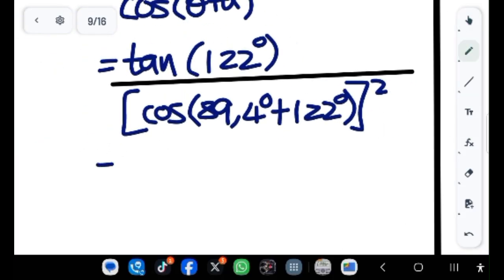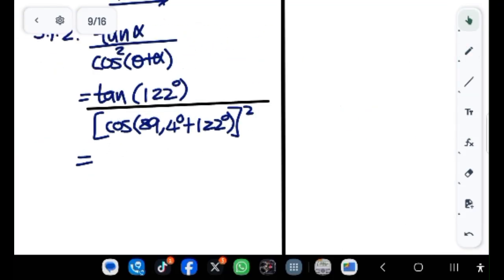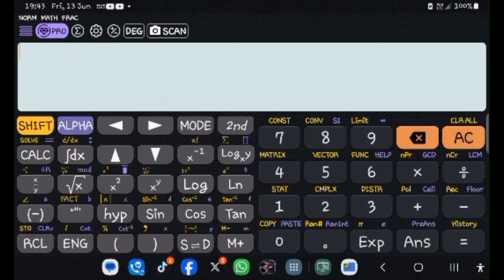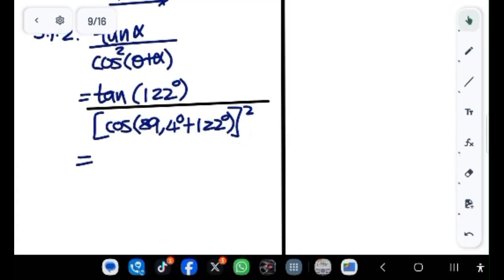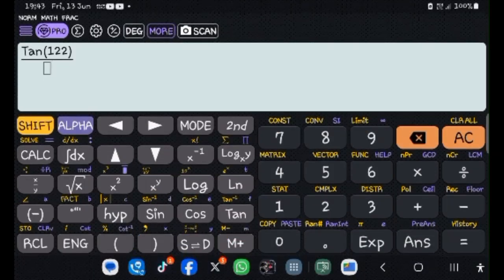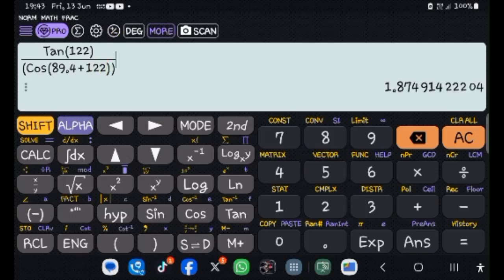Take out a calculator. Let's calculate that using the fraction button. Tan of 122 over, open bracket, cos of 89.4 plus 122, and all of that at the bottom must be squared.